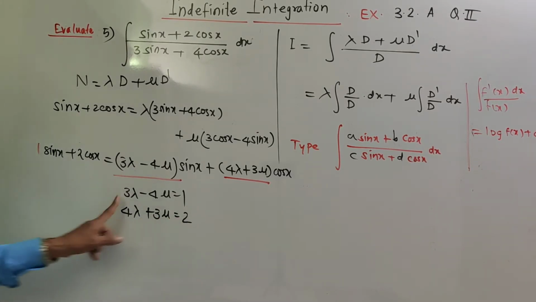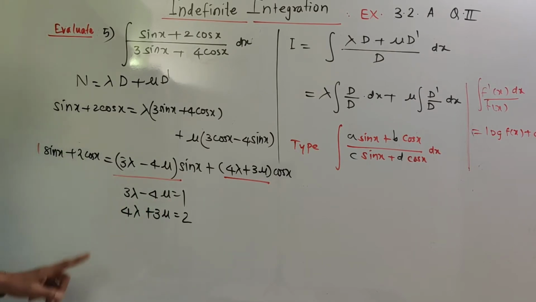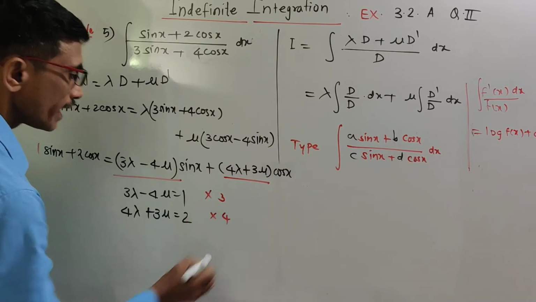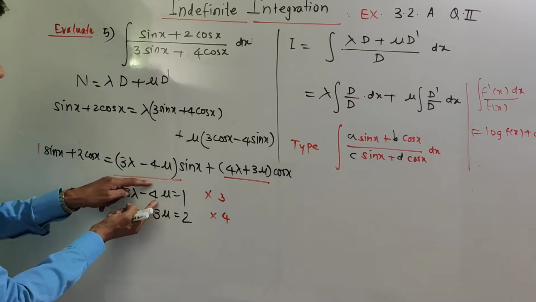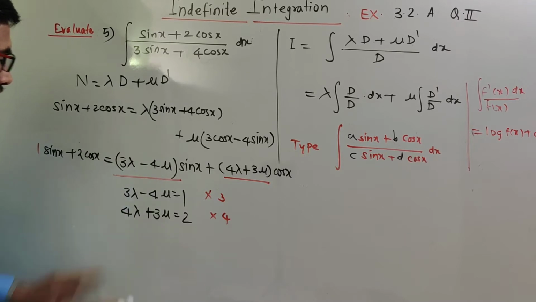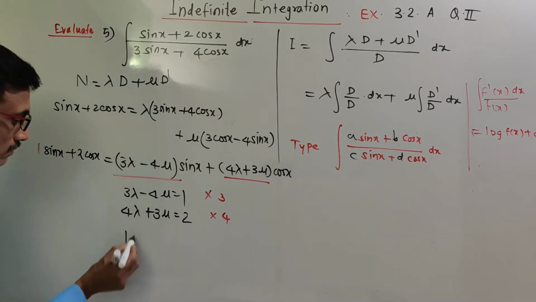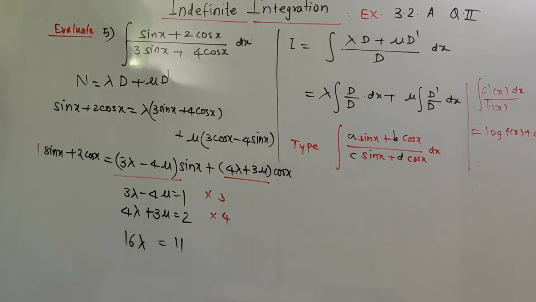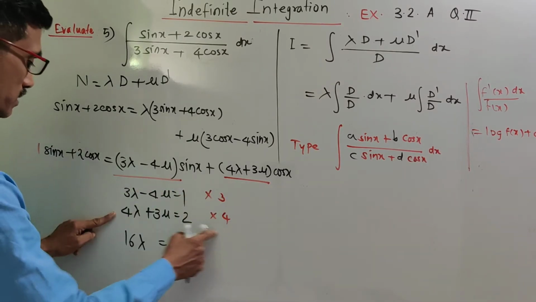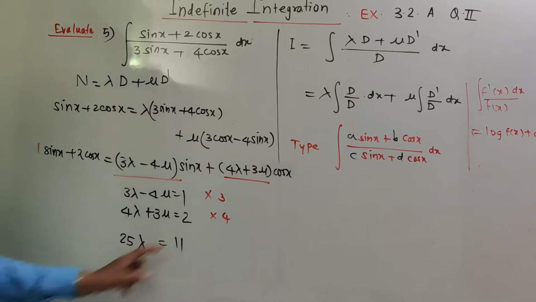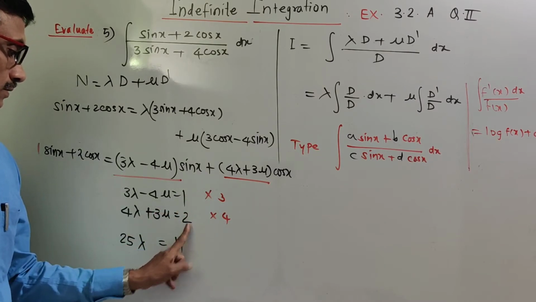Now we solve these linear equations in lambda and mu. If we multiply this equation by 3 and this equation by 4 and add them, this will be 12 mu and this is 12 mu, and adding, this will get cancelled. 9 plus 16, so it is 25 lambda, and this is 3 plus 8, that is 11.